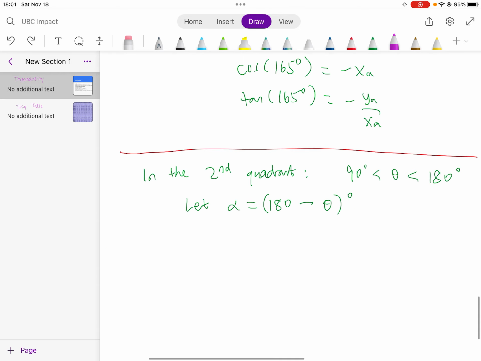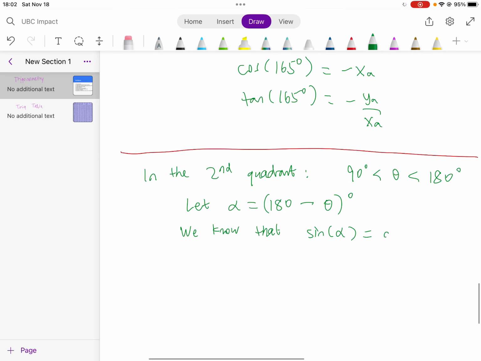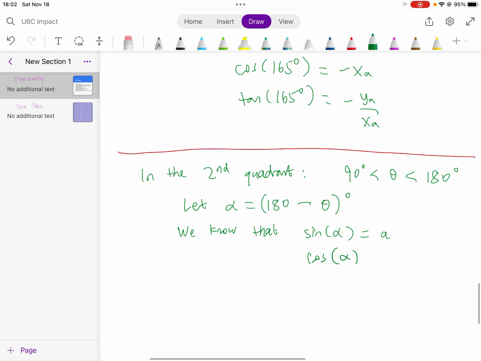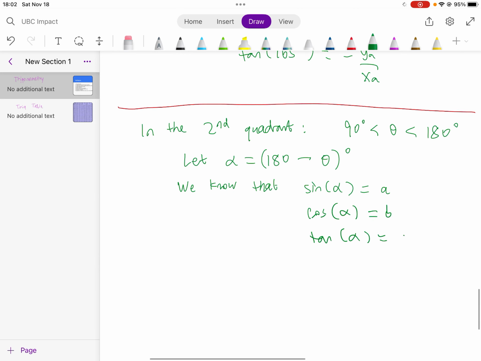And let's say that we know that sine of alpha is equal to some value, call that a, and cosine of alpha is equal to b, and tangent of alpha is equal to c.